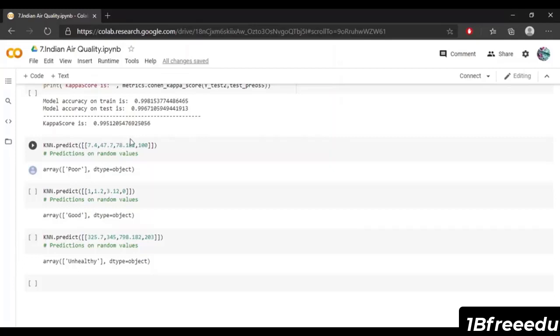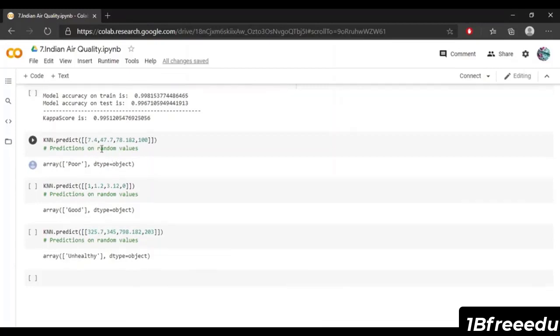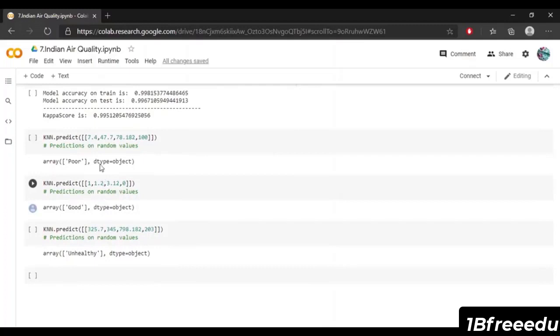When we passed these values, which are higher, these values have been predicted as poor by the k nearest neighbor model. You can see that there are a few higher values over here, and that's the reason why this model has predicted these values as poor AQI range, or air quality index range.